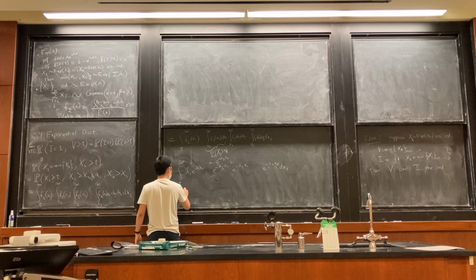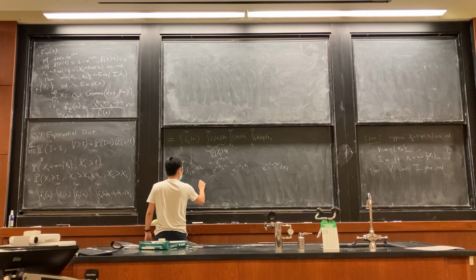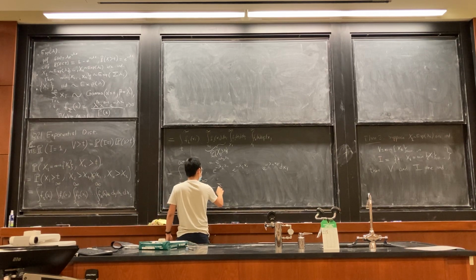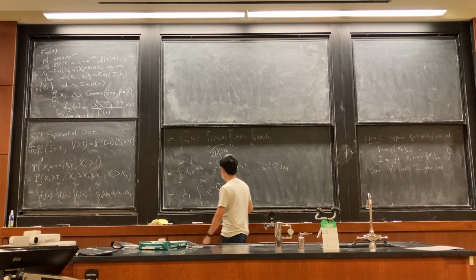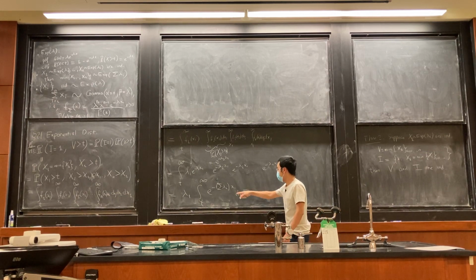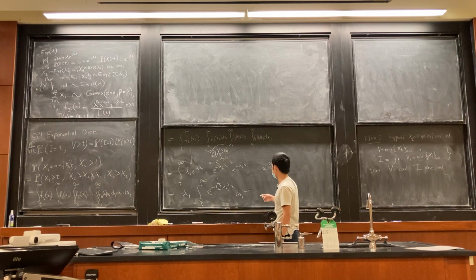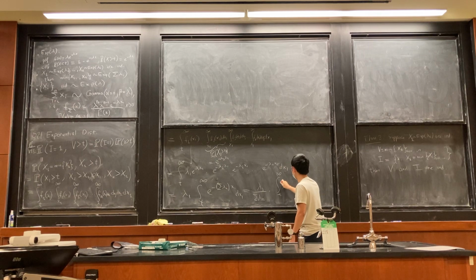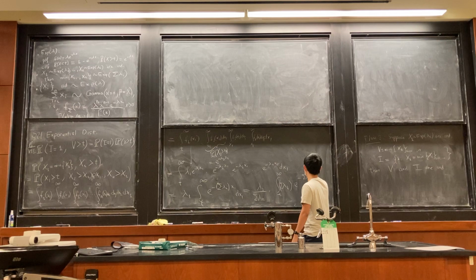Combining everything, I have lambda 1 going outside, t to infinity, e to the minus lambda k times x1. In order to simplify this, I have lambda 1 over the summation of lambda k, times the integral from t to infinity of the summation of lambda k, e to the minus summation of lambda k times x1, dx1.